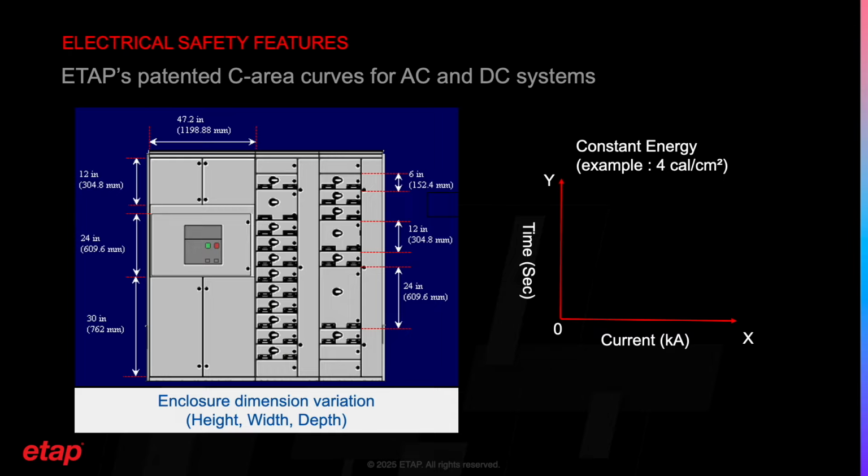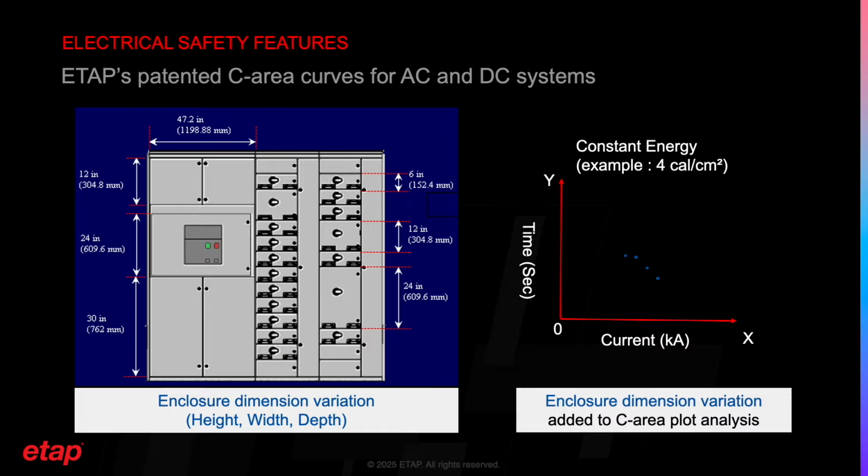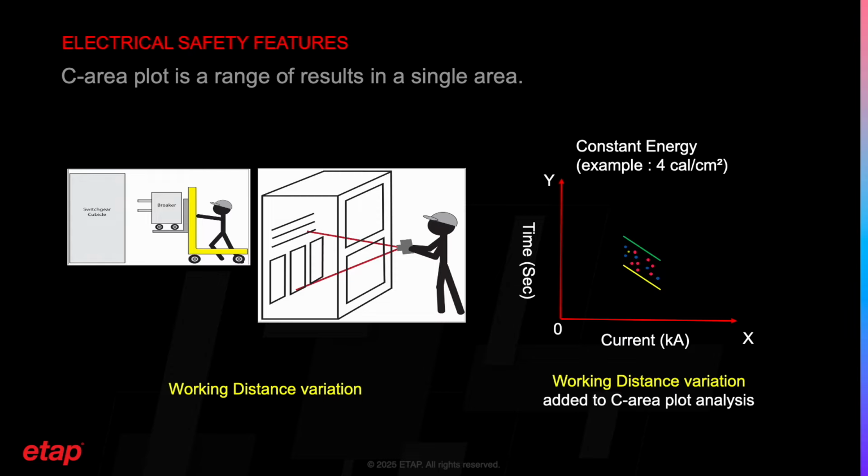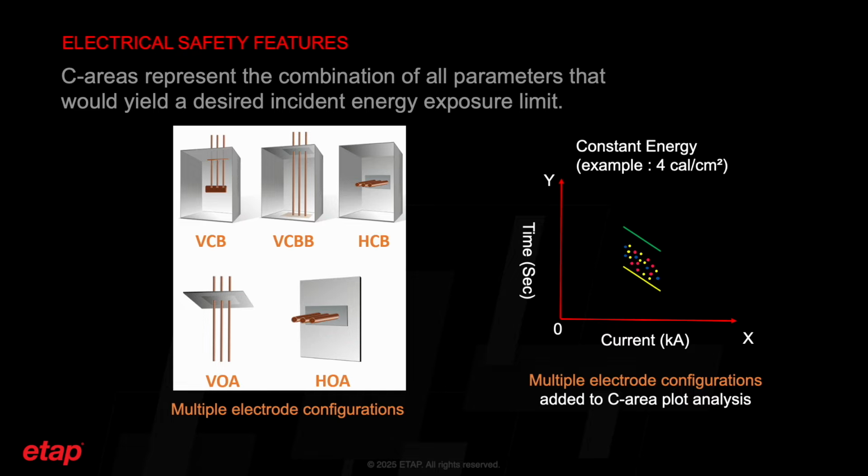To address these challenges, ETAP's patented constant energy area boundary curves can be used for AC and DC systems as of ETAP 2024. The C area curves represent a statistical analysis of arc flash input data variations, yielding a range of results bounded into a single area, where this area represents all combinations of parameters that will yield a desired incident energy exposure limit.